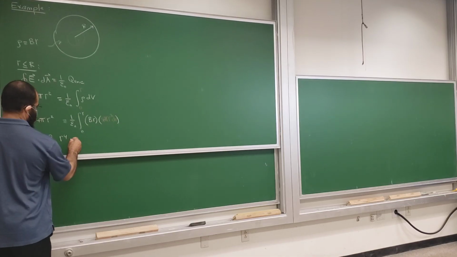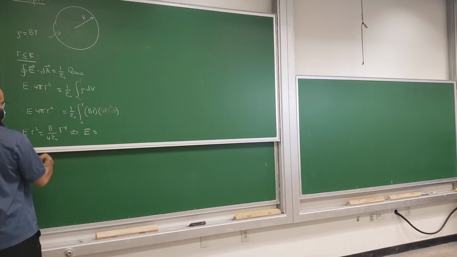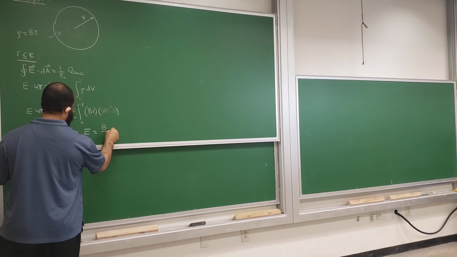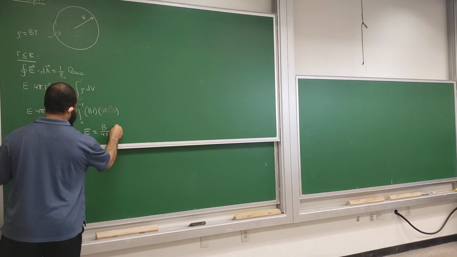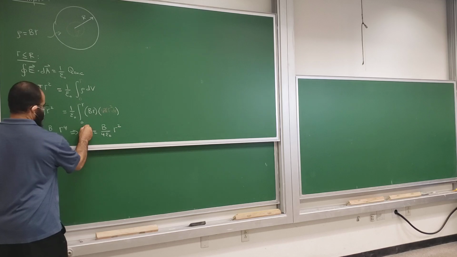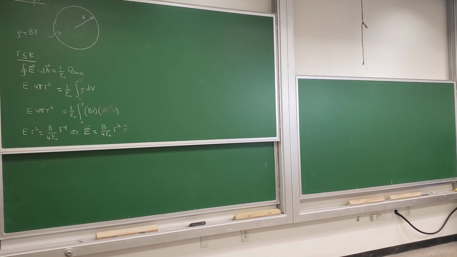Then divide both sides by r squared. So that's the electric field inside. Outside it will be like a point charge. Once you're outside, it's like a point charge.